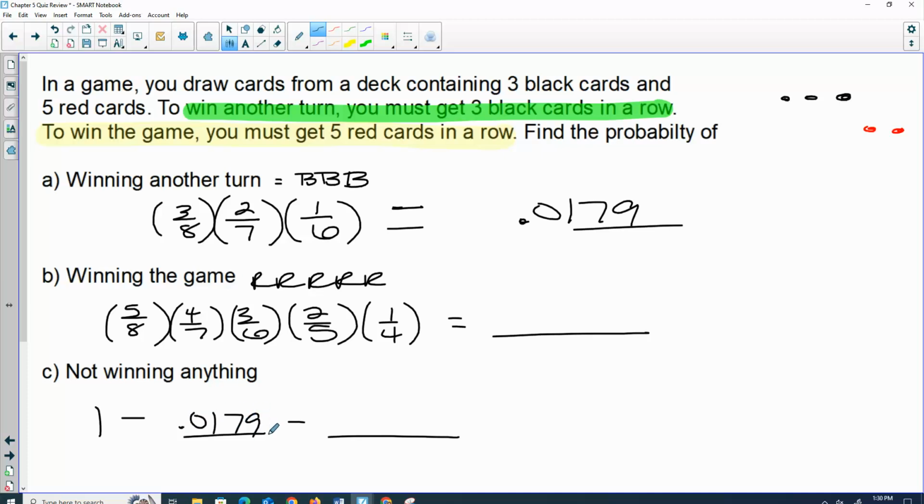And then if I do B, we get actually the exact same thing. So we subtract both of those, because those are the 2 ways we win. Not winning would be anything else. You have a 1% chance of winning this game. Yeah, it seems rigged against you. It seems dumb.